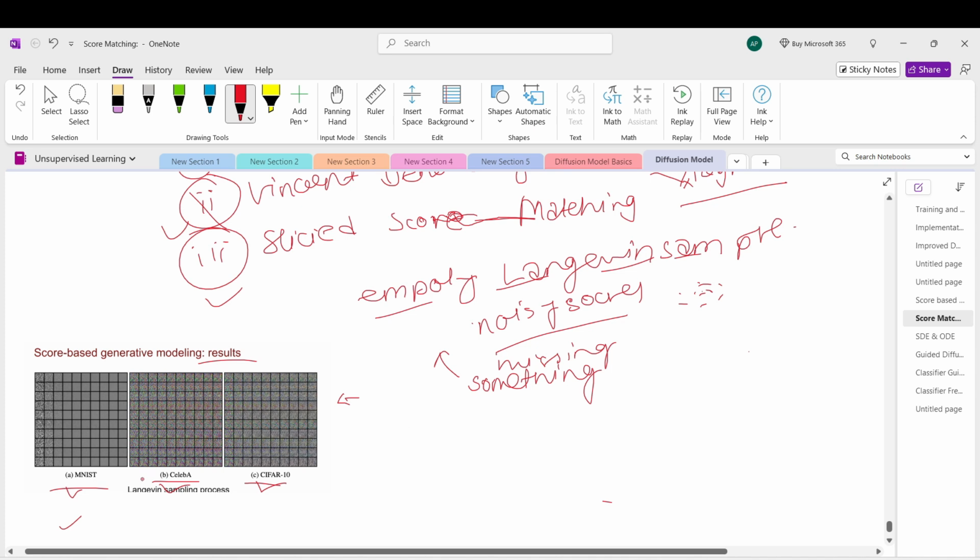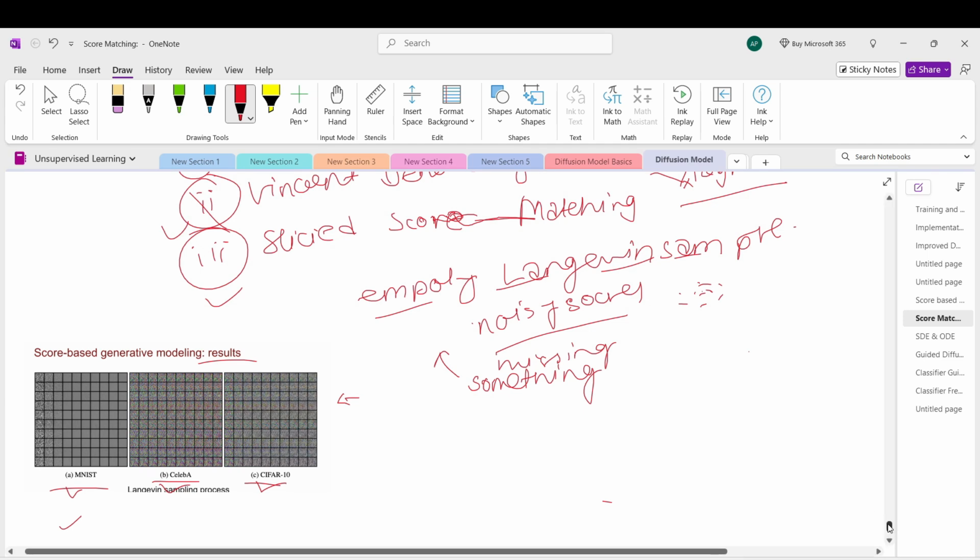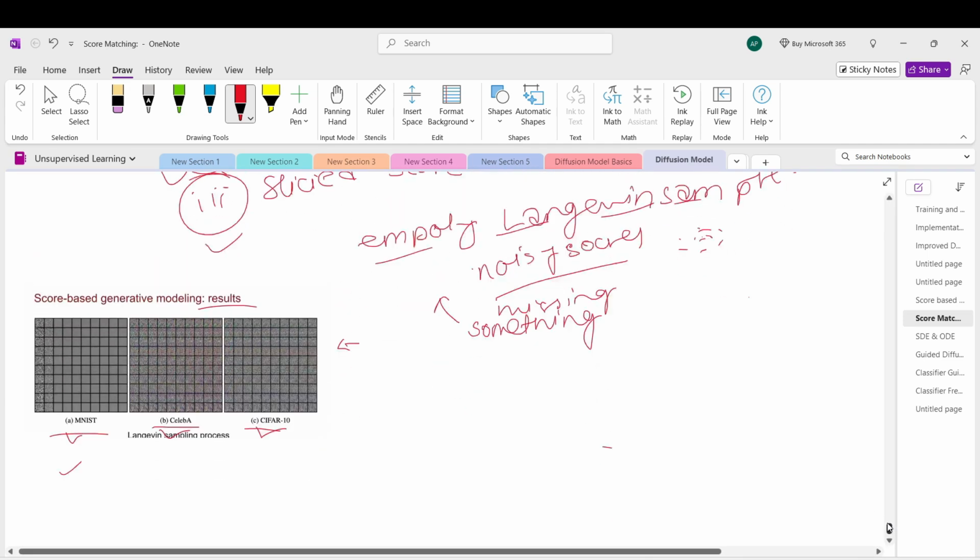In the next video, we're going to see why we get these results. We went from score matching to sliced score matching, applied Langevin sampling, and we even get samples, but there are some pitfalls in our score estimation. In the next video we're going to see how to deal with this.